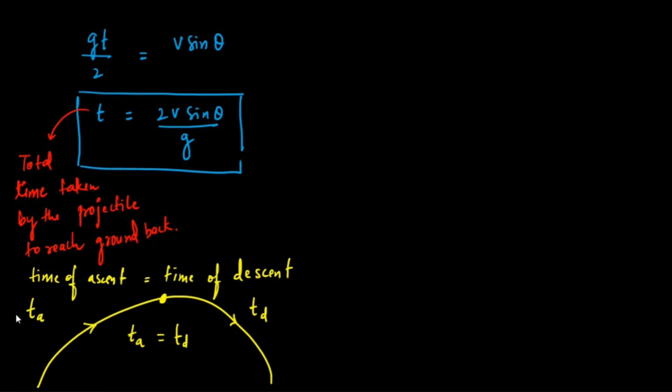But here we need to understand that the assumption we made while talking about projectile motion is that there is no air. Because of that, if there is no air, time of ascent and time of descent will definitely be equal because gravity is constant. So I can say this total time is nothing but time of ascent plus time of descent.